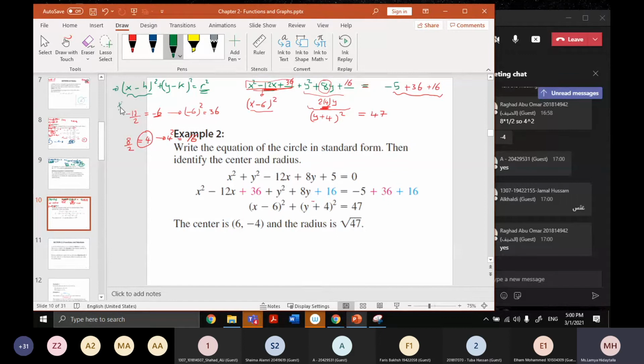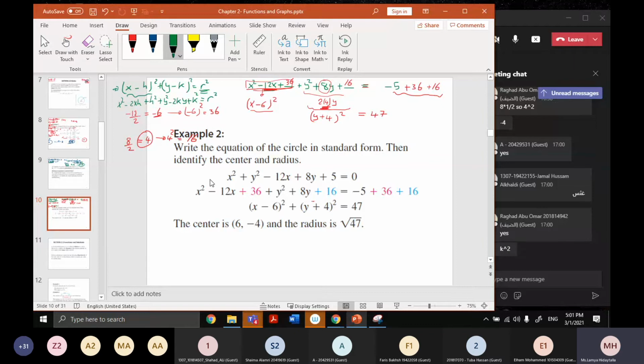We will get x squared minus 2xh, plus h squared, and then plus y squared minus 2ky plus k squared is equal to r squared, correct? Now compare. Take all the constants to the other hand.